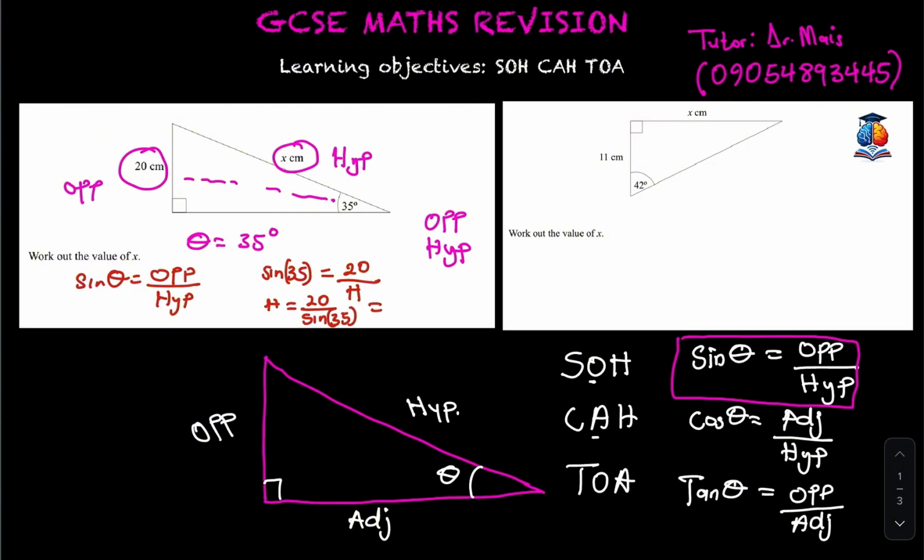So just take your calculator and press sine 35, which should give something around 0.5 something, probably 0.57 or 0.58. And 20 over that should give 34.9 centimeters. All right, so the meaning is that the value of x equals 34.9 centimeters. All right, so that will be the end of this video.